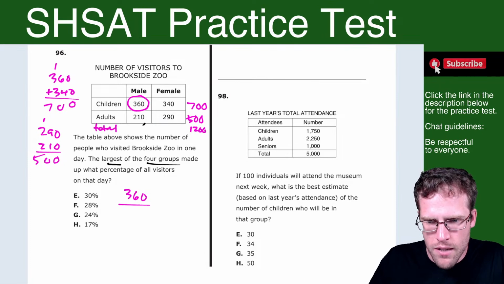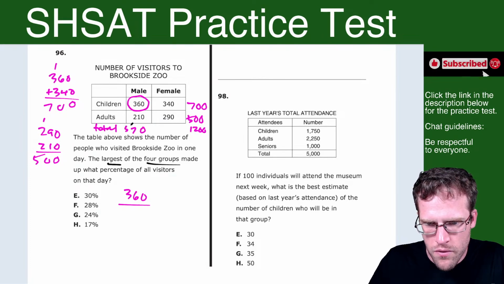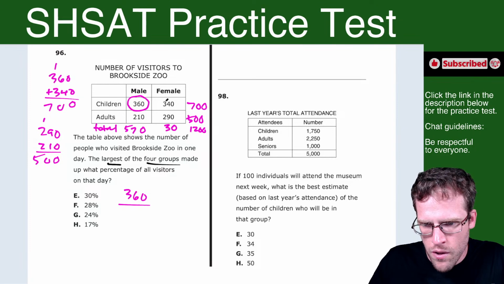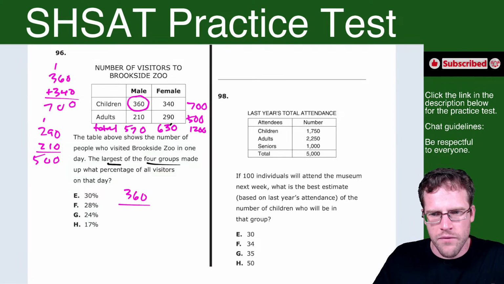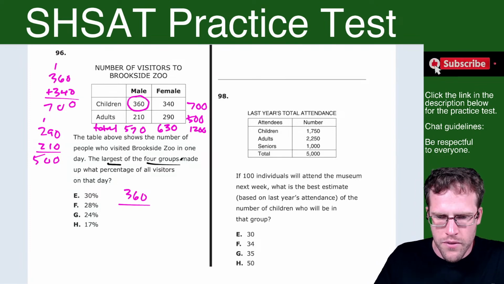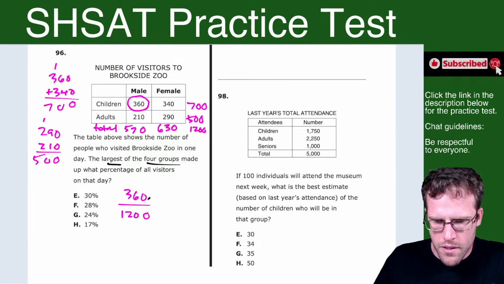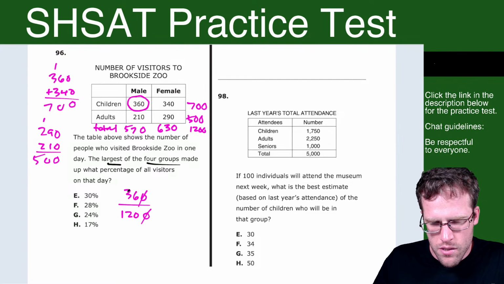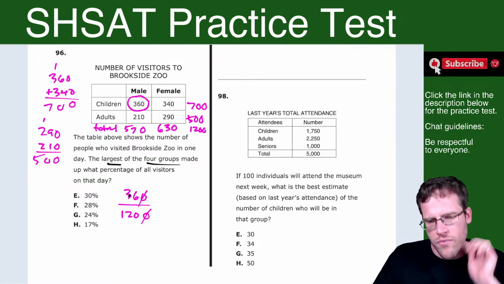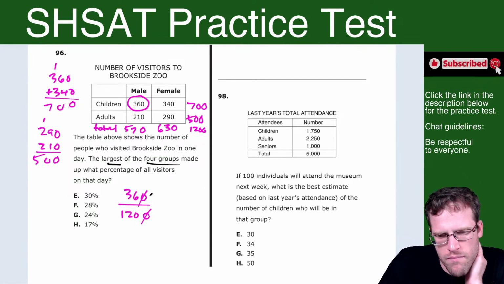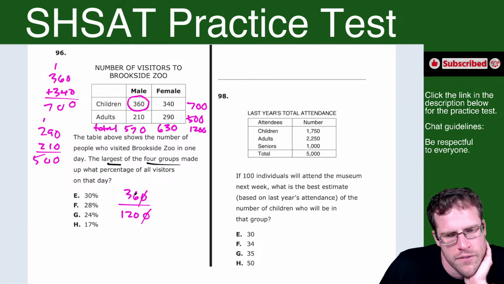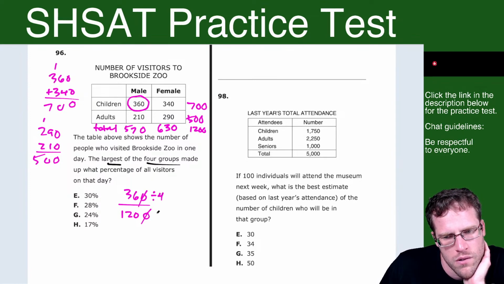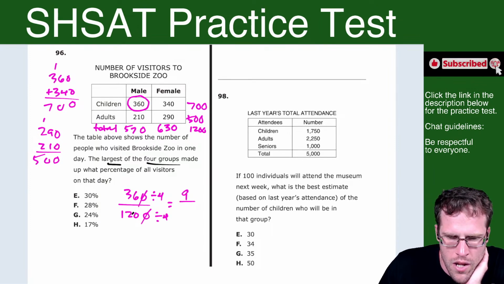You can even add up this column too, 570 plus 630 is also 1,200. And now cross off the 0. 36 out of 120. Does that divide nicely? I would just keep reducing this. Divide by 4. So after you cancel, divide by 4. So you get 9 over 30.